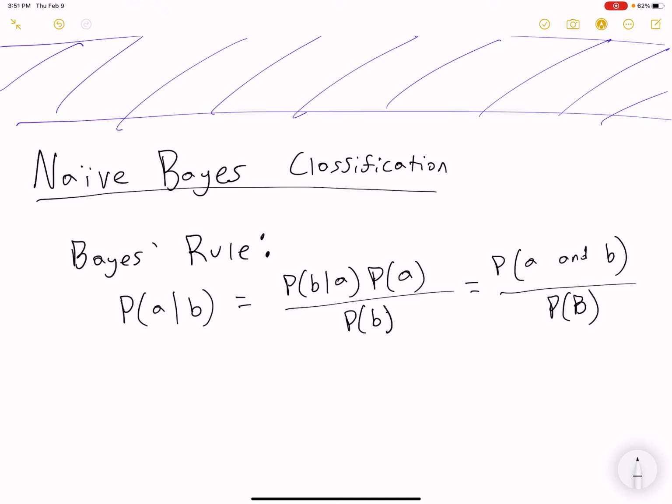We're just expanding out the numerator using the and rule from last class. So two ways of writing the same thing.